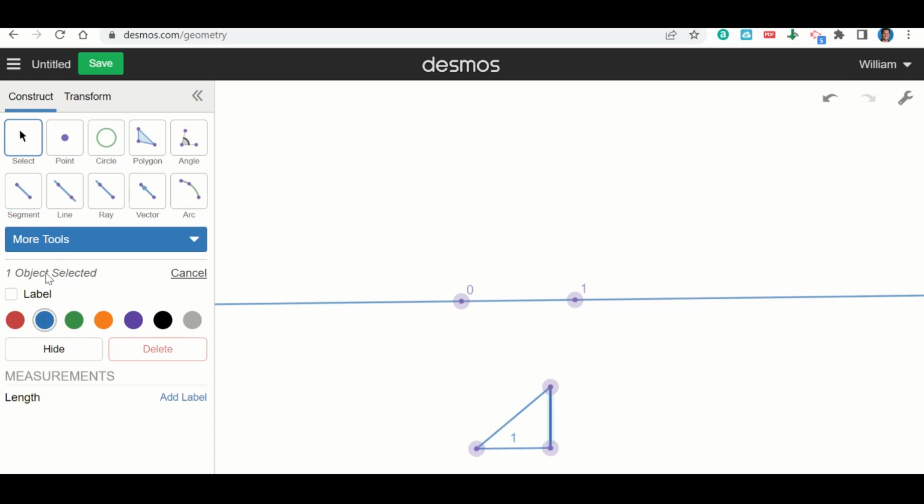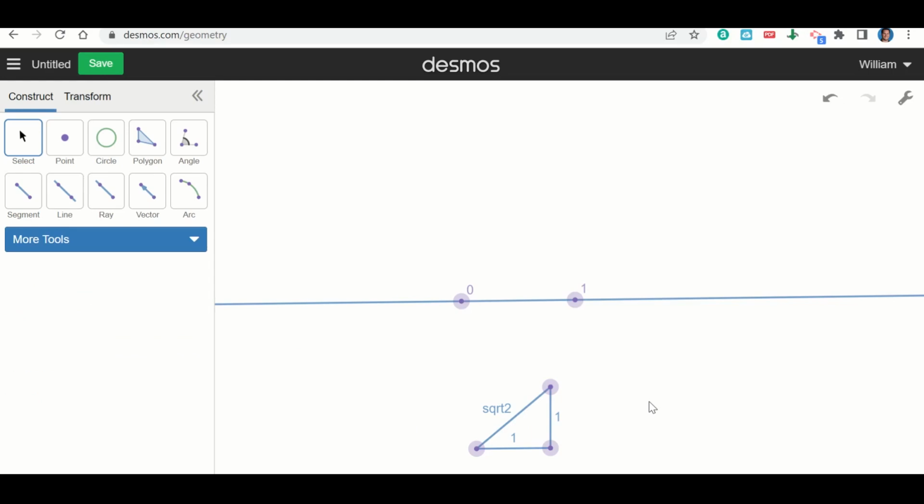And this length here should be 1. And if that's the case, then this length here should be the square root of 2. So what we need to do is create this length also to be 1 on this side, and then wherever they intersect, that should be square root of 2.